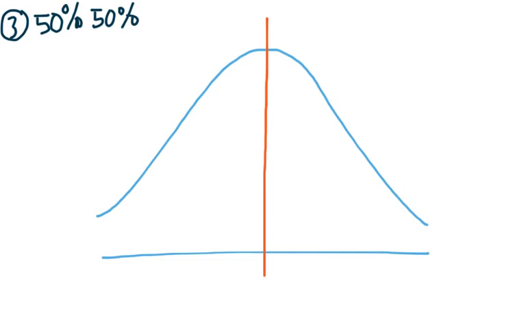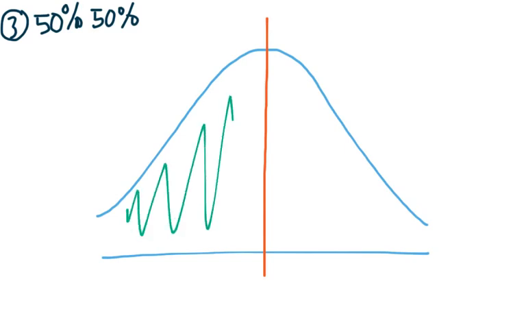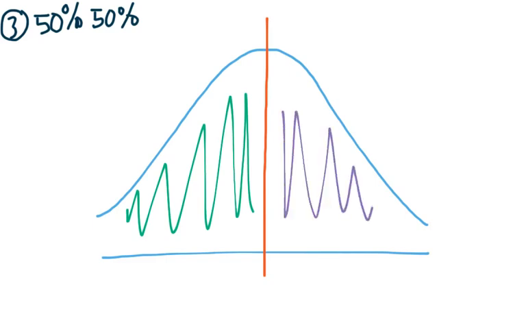Each side has the same shape and the same size, so this side is 0.5 or 50%, and the other side is also 0.5 or 50%. Both sides, the green side and the purple side, have exactly the same shape and size. That's the third property.